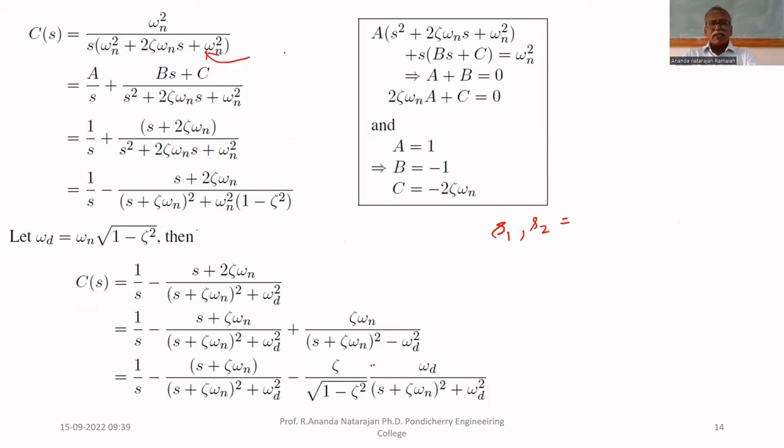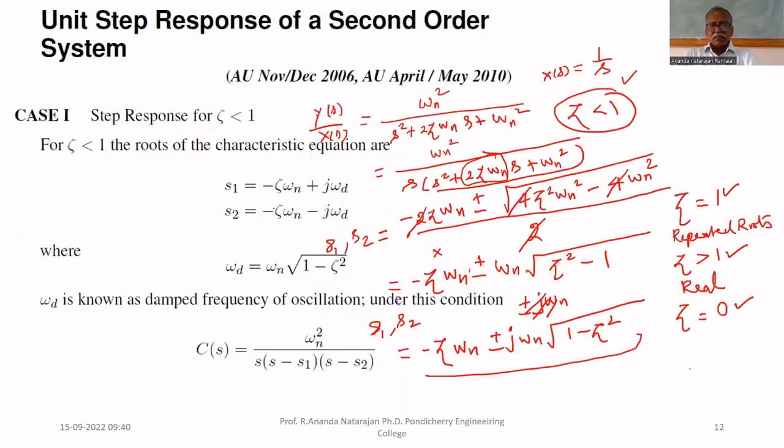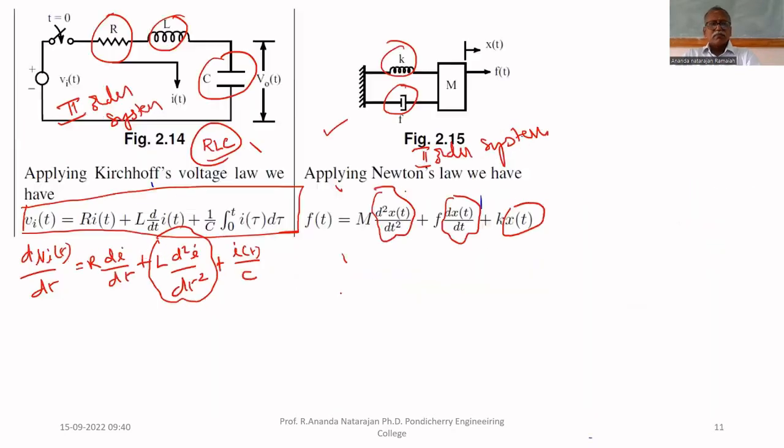That's why we can write it as S plus S1 multiplied by S plus S2, as in the previous slide, because the minus sign can be absorbed. So we can put it like this.